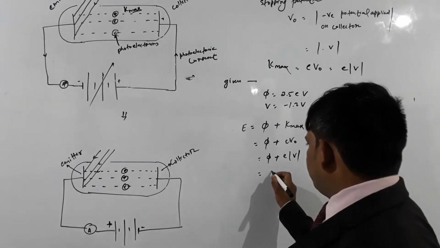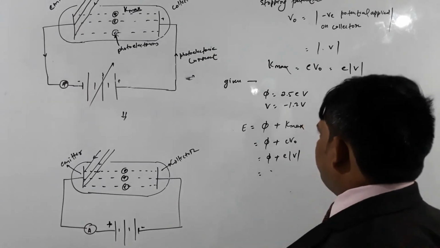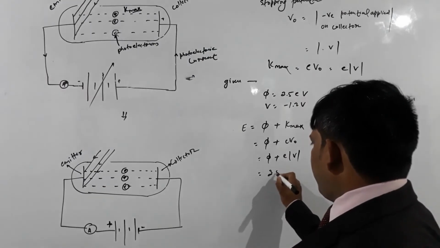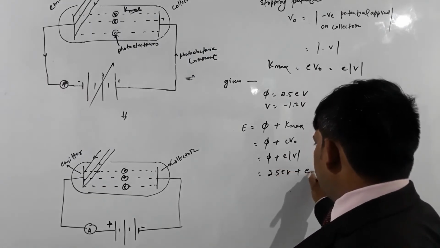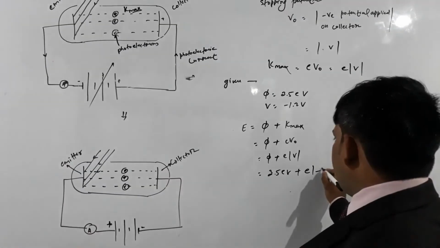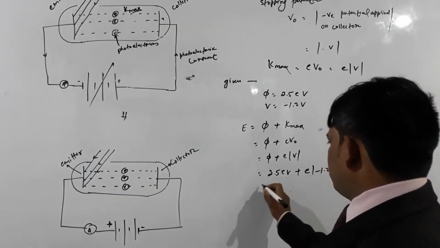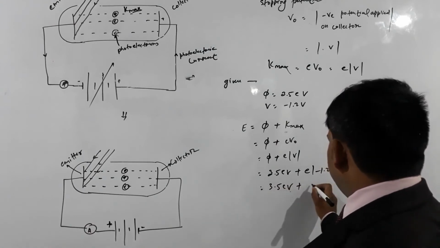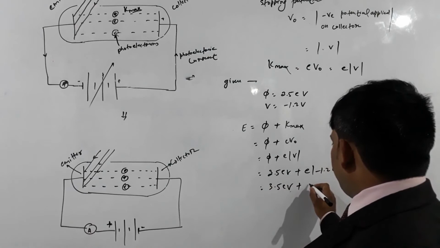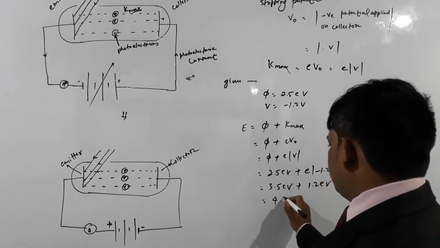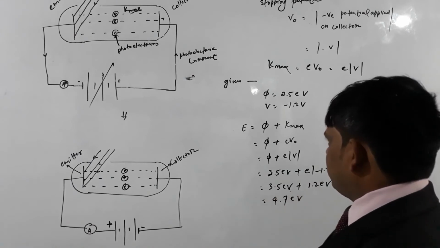Now phi. According to the question, phi is given as 3.5 electron volt, plus e times V, where the negative potential is given as minus 1.2 volt. So this is equal to 3.5 electron volt plus 1.2 electron volt. This is equal to 4.7 electron volt.